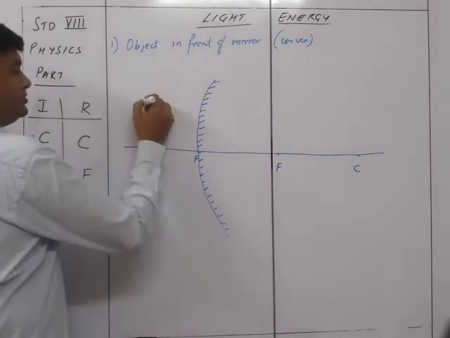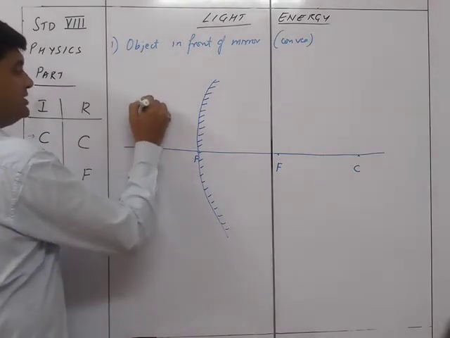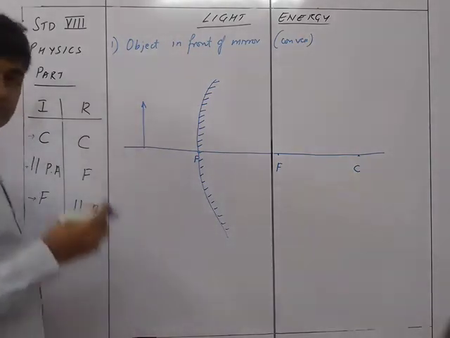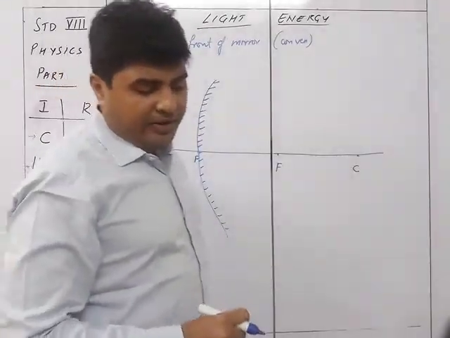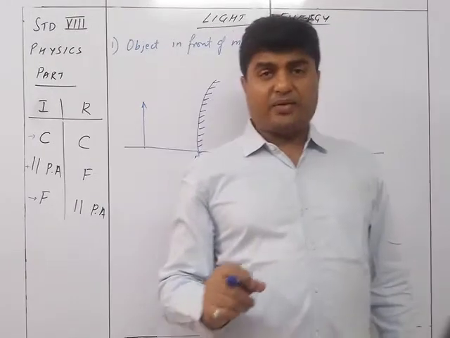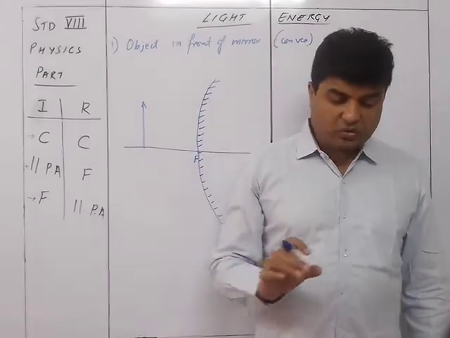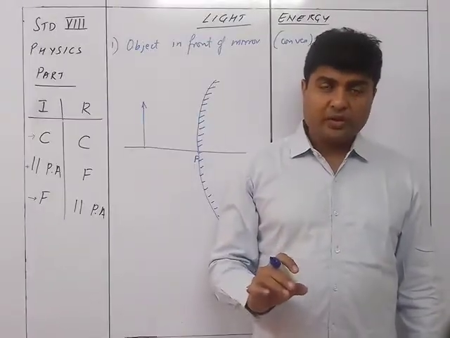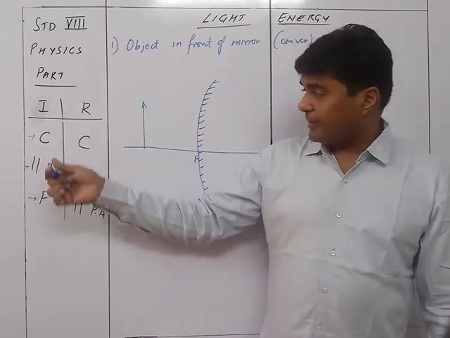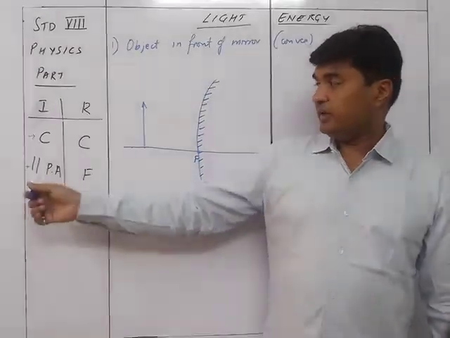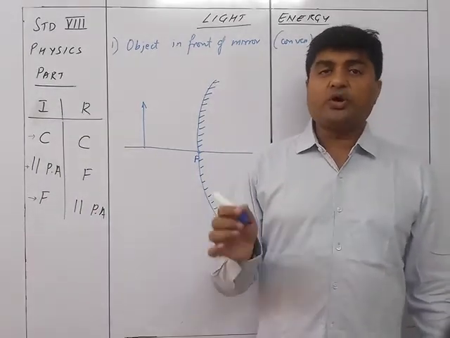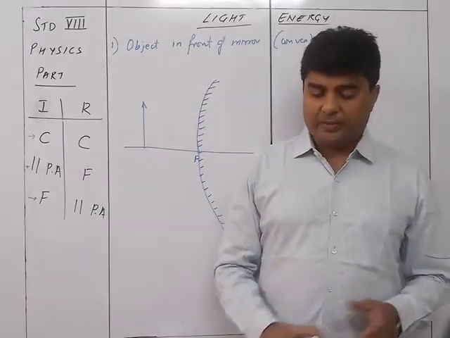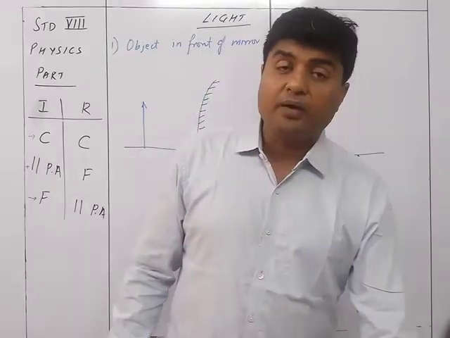So let's make an object like this over here. The fundamental principles you have been using up till now will still remain the same. We are not changing any of these. We are just going to use the same fundamental principles: C, parallel to principal axis, focus, parallel to principal axis. We are going to draw 2 lines which are going to form our image.